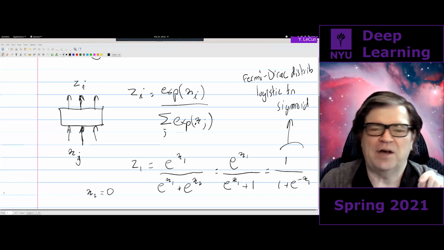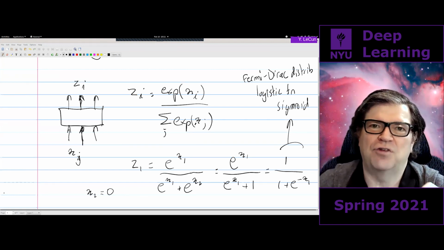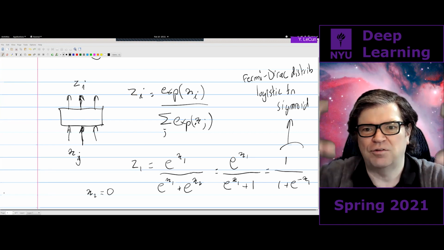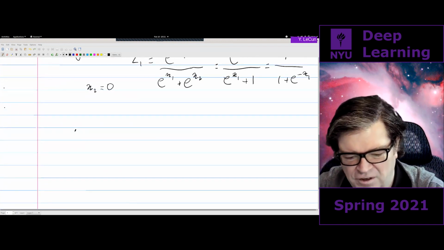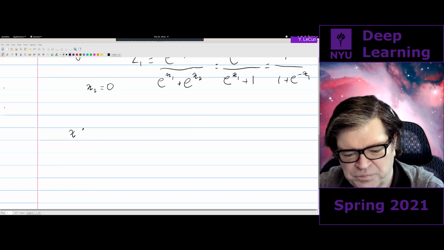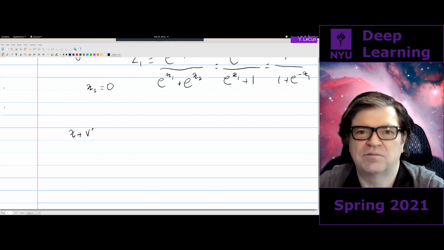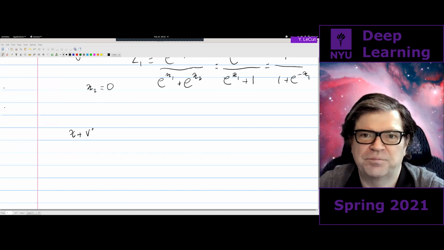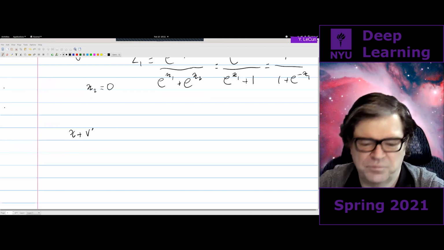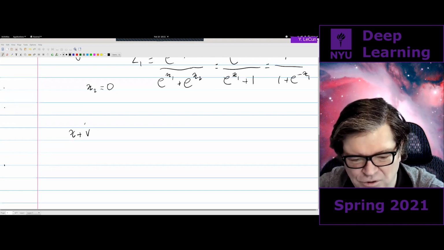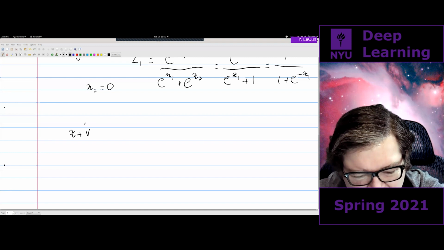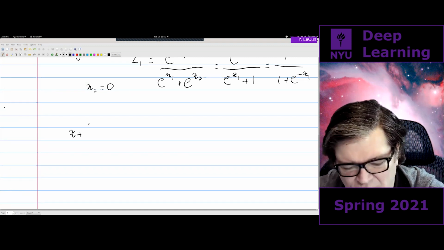And the interesting thing about softmax is that it doesn't care about a shift in the variables. So if I take a vector x and I add a constant vector v to it, a vector that has the same value everywhere, right?